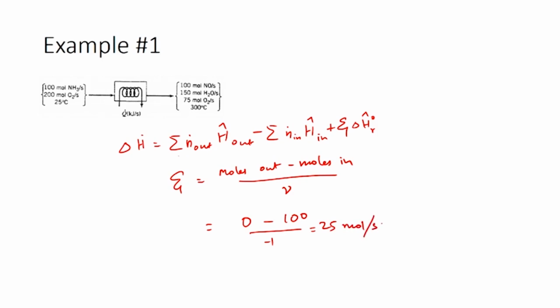So, the extent of reaction is 25 moles per second, and you already have the heat of reaction, you have the specific enthalpies for the individual components in the outlet stream and the molar flow rates of the outlet streams. For the inlet stream, everything goes to 0.